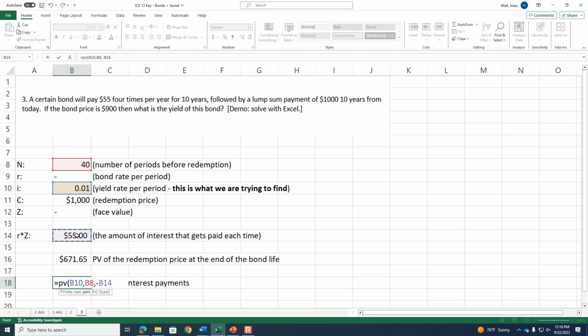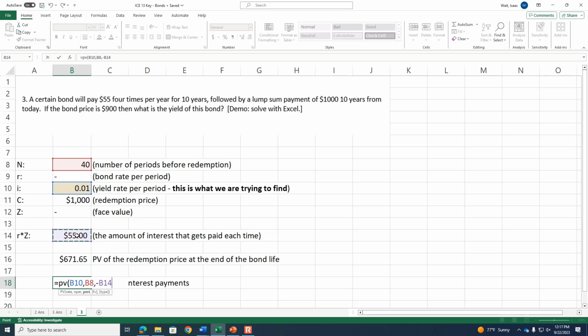So it's kind of like we get $55 at 1, $55 at 2, $55 at 3, $55 at 4, $55 at 39, and $55 at 40. And then there's also a lump sum, so A equals 55, and then the lump sum is 1,000.